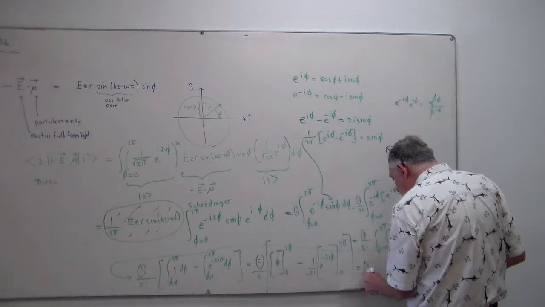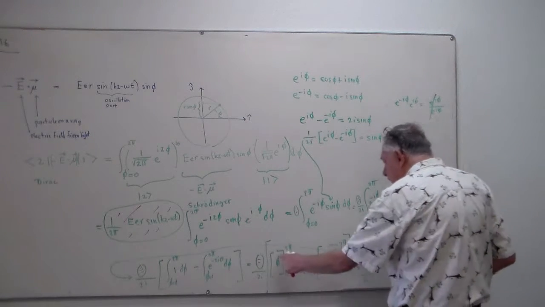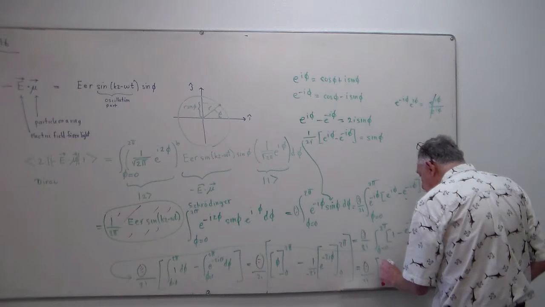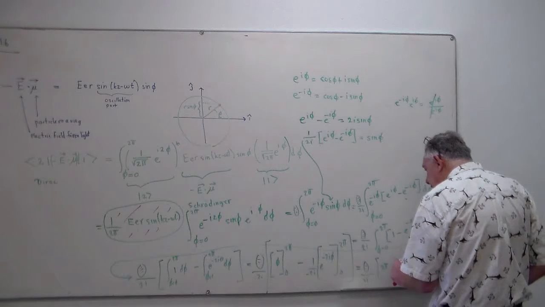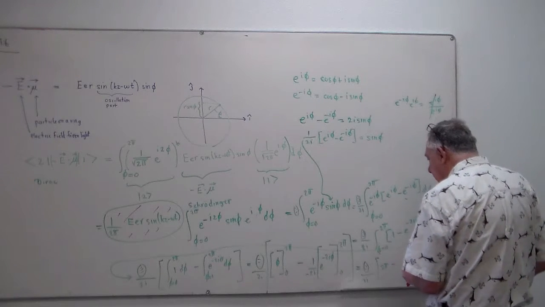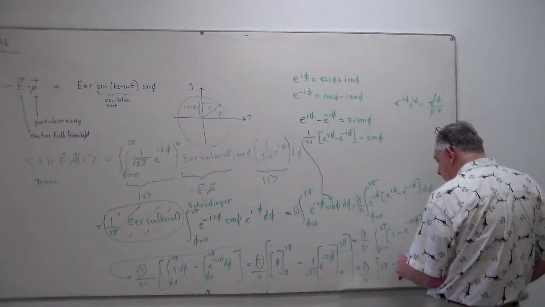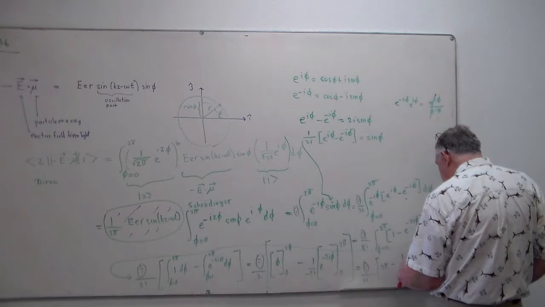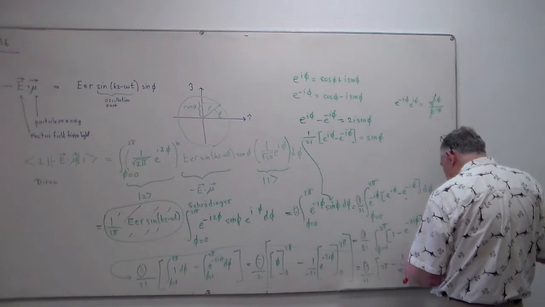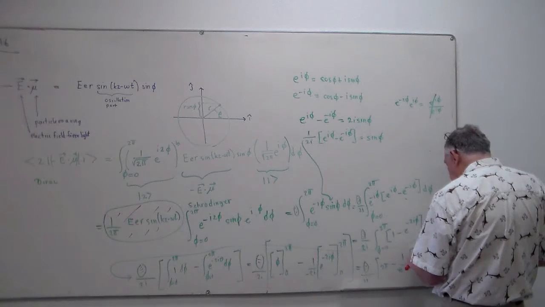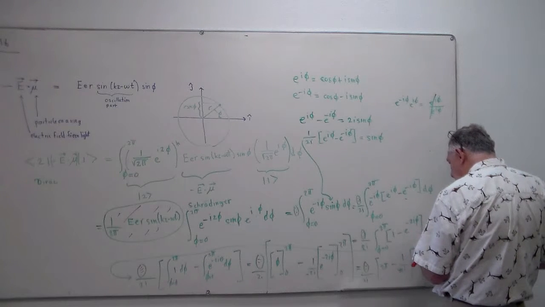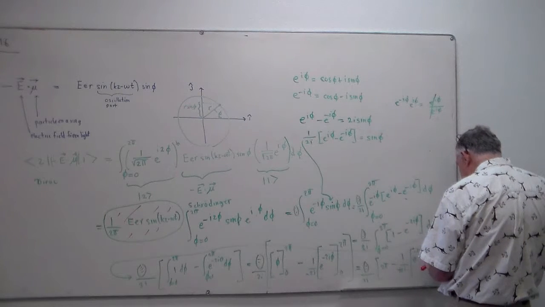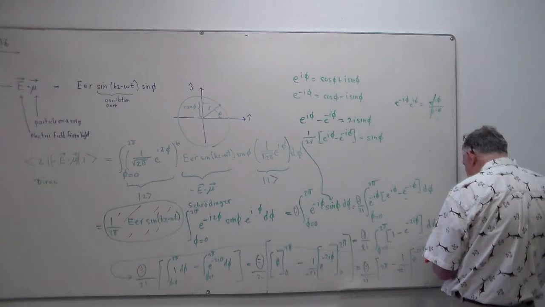And then phi between 2 pi and 0 is just 2 pi in the first term, minus 1 over 2i, and then we have e to the minus 2i times 2 pi minus e to the minus 0.